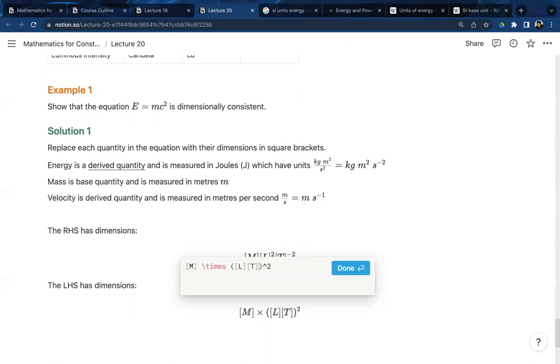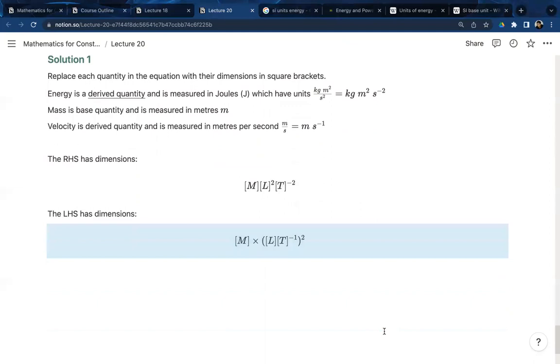But that is to the power -1. And we square that, right? So now you just use the indices here and figure this out. This 2 distributes over both of these terms. That's why we write them in square brackets.